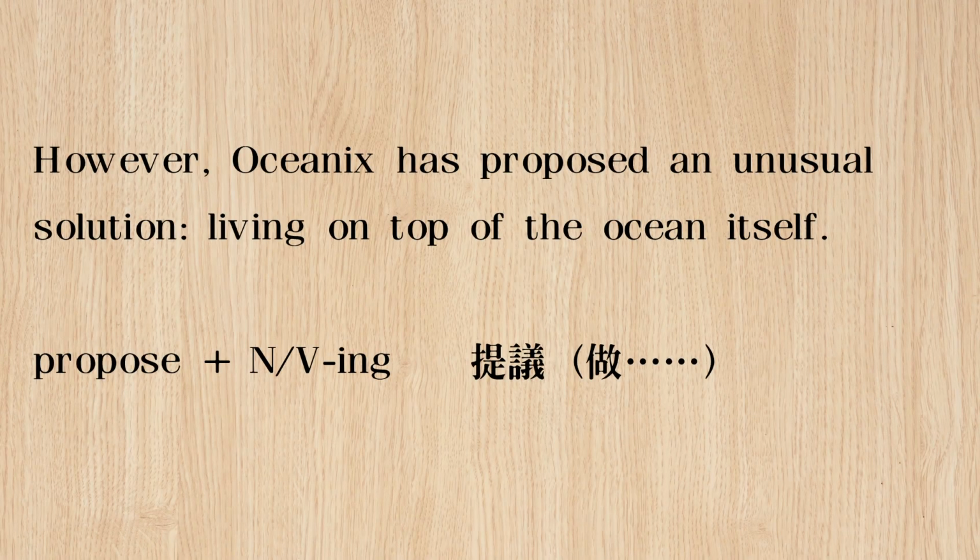However, Oceanix has proposed an unusual solution, living on top of the ocean itself. However is a transition word often used in writing essays. Propose isn't about marriage, is it? Like it wants to marry the ocean. Wait, this word has two meanings, right?